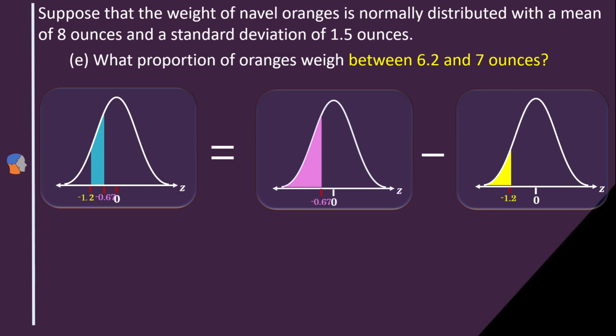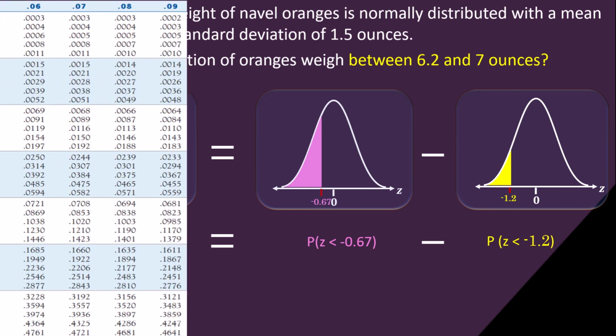So let me write this down using mathematical notation. The probability of z between negative 1.2 and negative 0.67 equals the probability of z less than negative 0.67 minus the probability of z less than negative 1.2. Now we have z values and also we have less than for both cases. Therefore, we can go to the table directly.